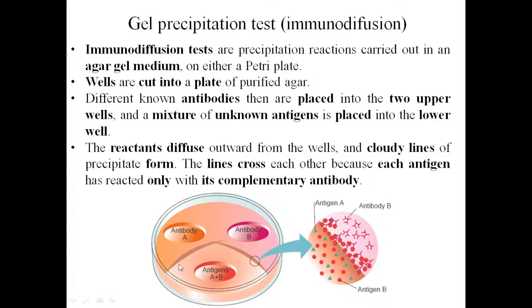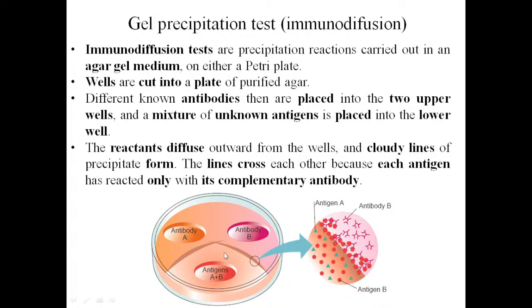They react here: antibody diffuses here, antigen diffuses here. When they form immune complexes, we can see cloudy white lines. The lines cross each other because each antigen has reacted only with its complementary antibody.